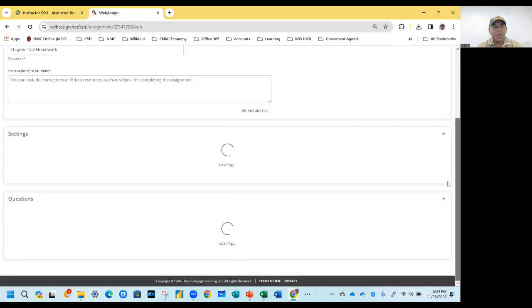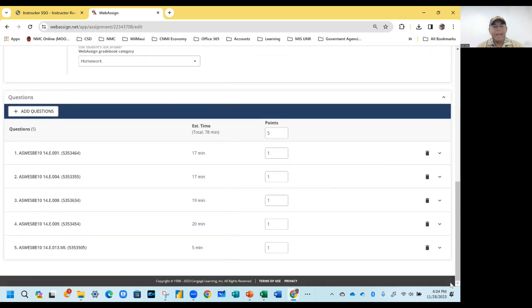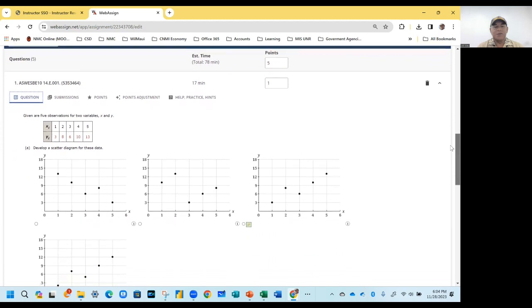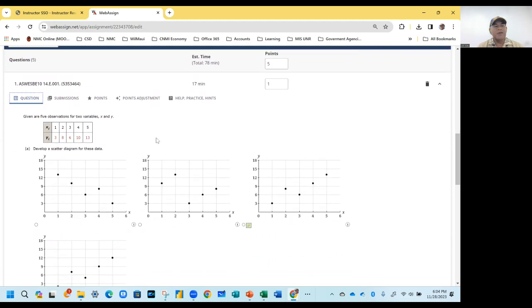So the first one, let's open that. And it gives you estimated minutes. It's probably because you're doing it manually. So you're given 5 observations for X and Y here.